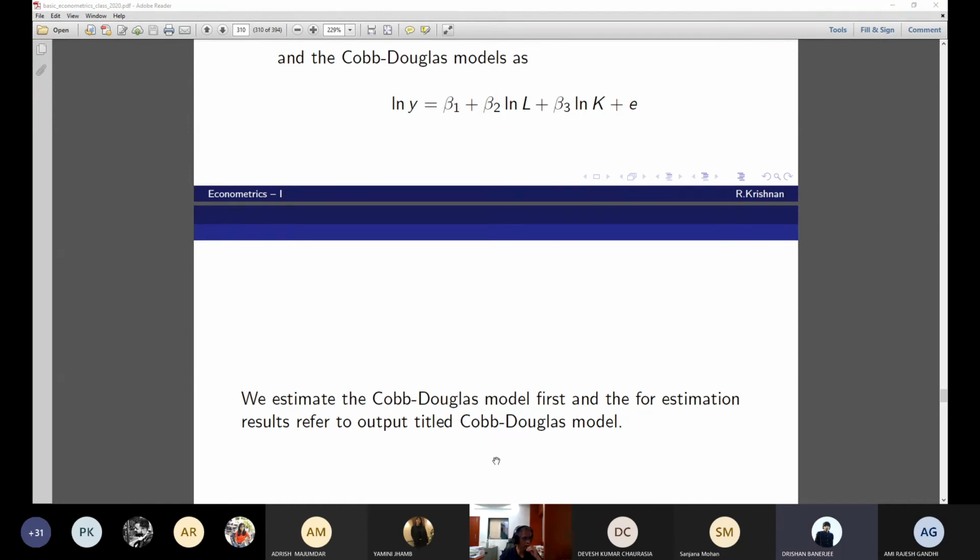Sir, we will have beta 1 plus beta 2 equal to 1 and beta 4 plus beta 5 plus beta 6 equal to 0. Yes. Beta 2 plus beta 3 equal to 1 and beta 4 plus beta 5 plus beta 6 equal to 0.